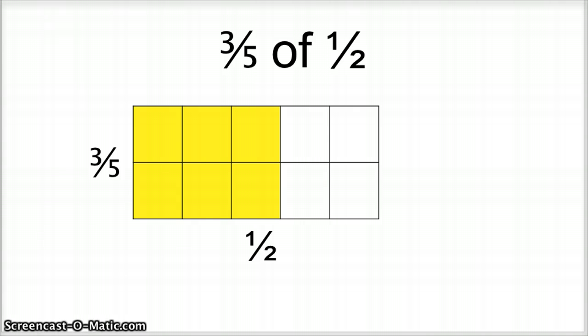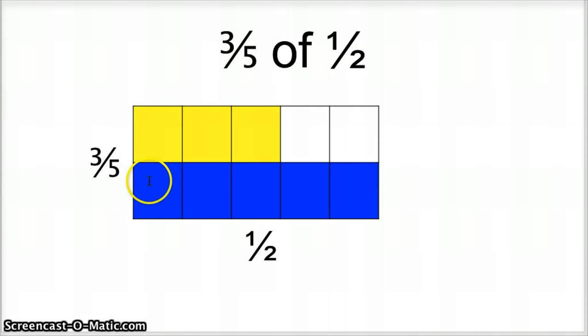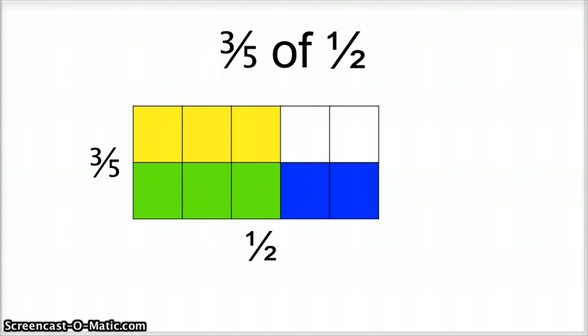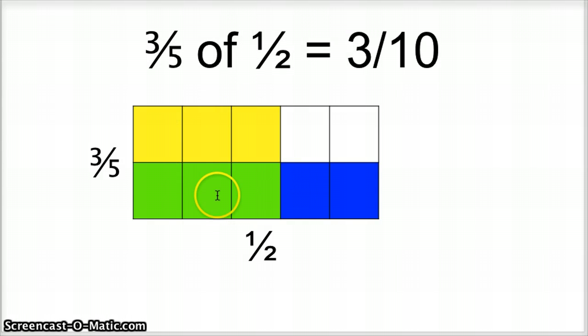Then I have a half, so I'm going to split it in half, and highlight one of my halves. Then I can see that these three would be overlapping with yellow and blue, so I would change those to green. So the answer is 3 out of 10, and that happens to be already simplified, 3/10.